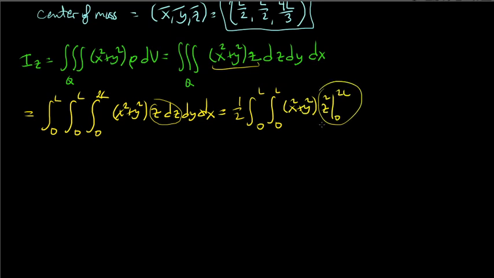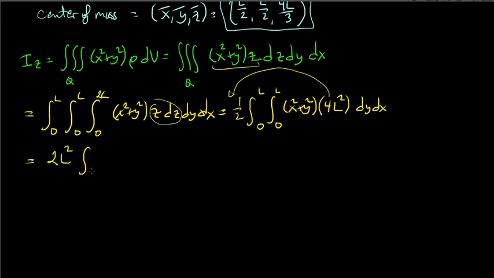We can do this in our heads. This is just 4L squared over 2, which is 2L squared, a constant we can take out. Now we do the integral from 0 to L of x squared plus y squared dy dx. Leave the 2L squared.